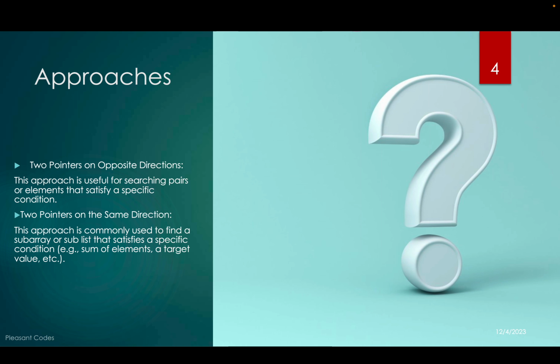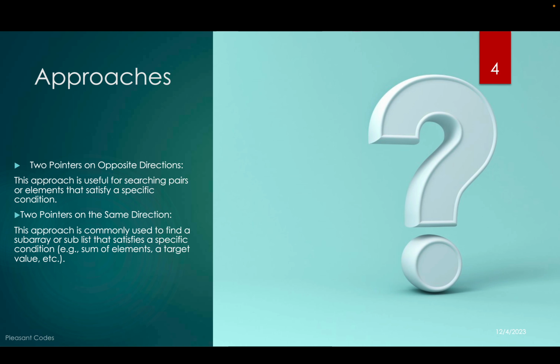Another approach we have with these two pointers is the same direction. That could be when we are given, let's say, two arrays and we have to merge them together, right?